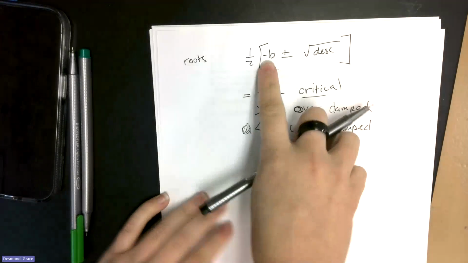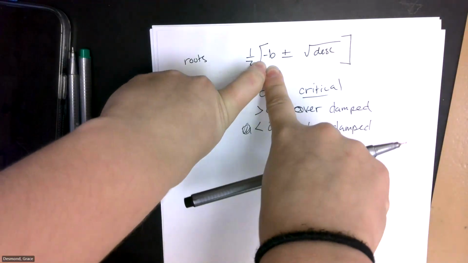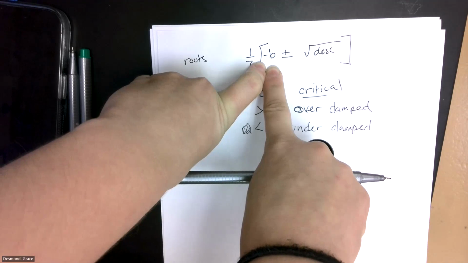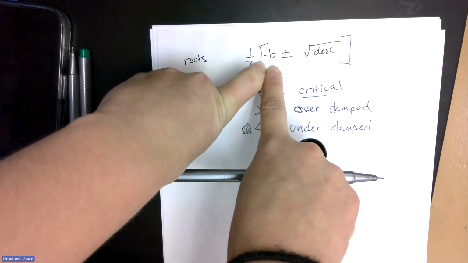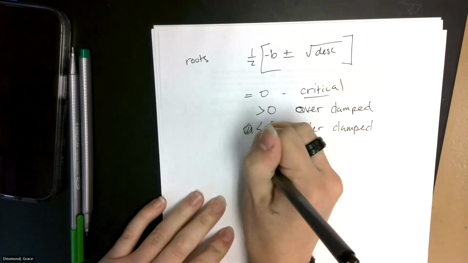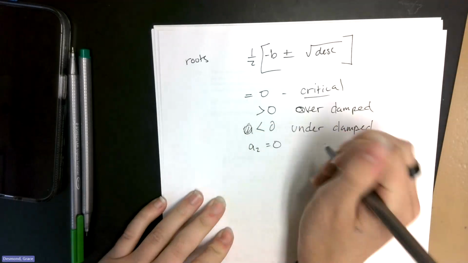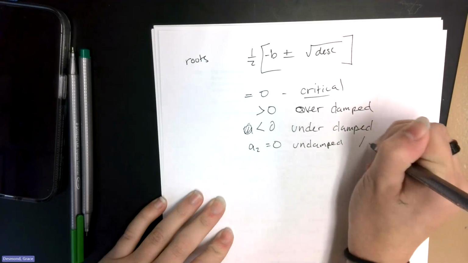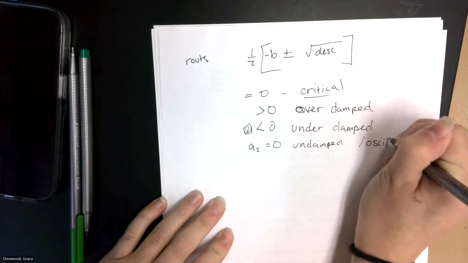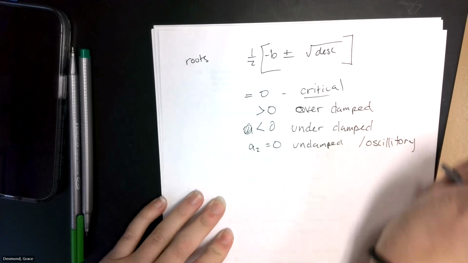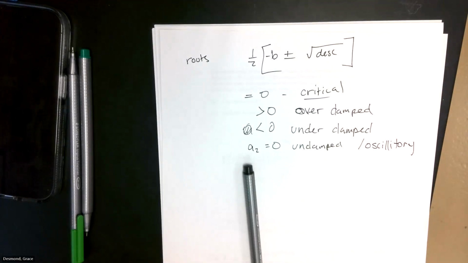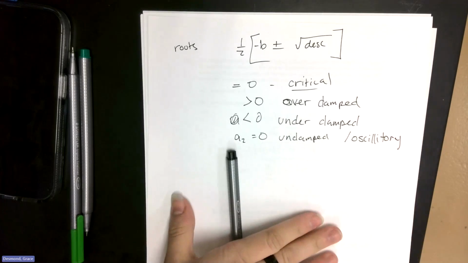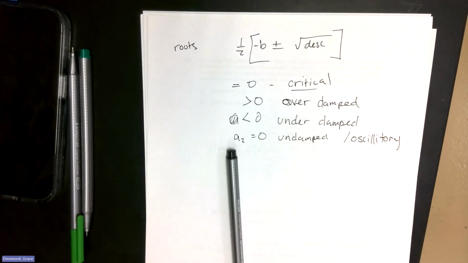If this is equal to 0, though, that's where it's undamped, or oscillatory. So if A2 is equal to 0, it's going to be undamped or oscillatory. So that's making sense. Is that making more sense for y'all as well?